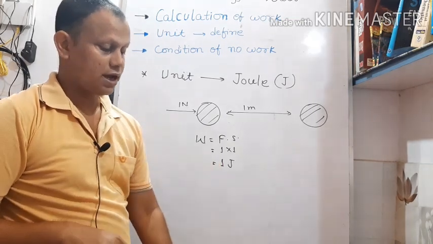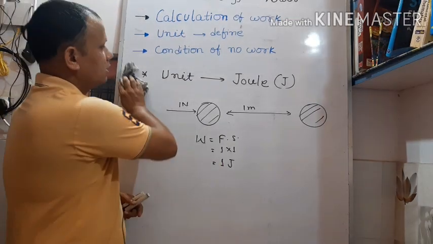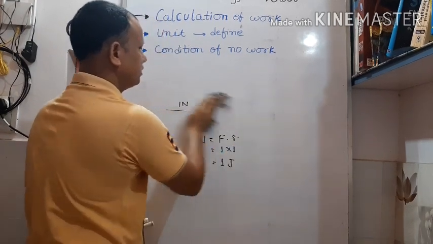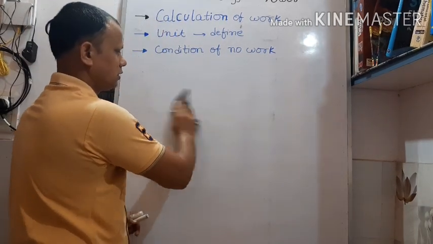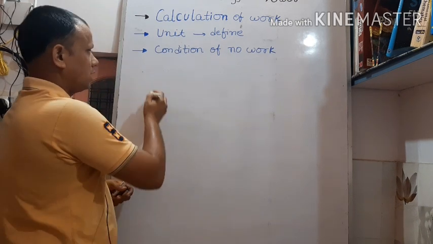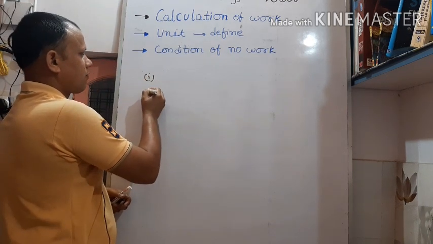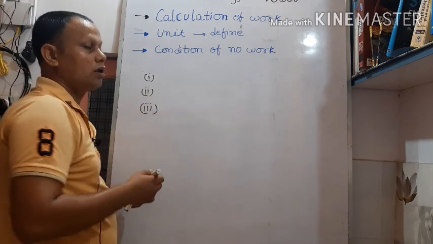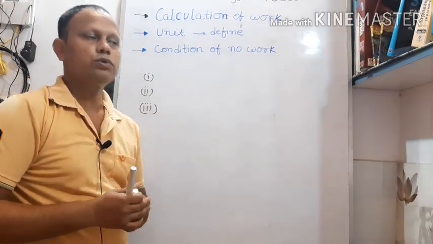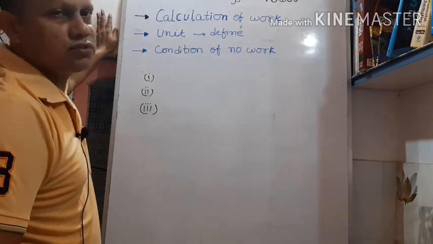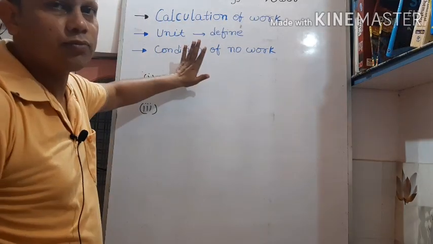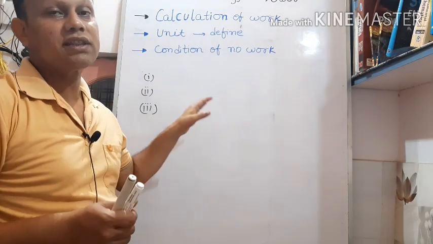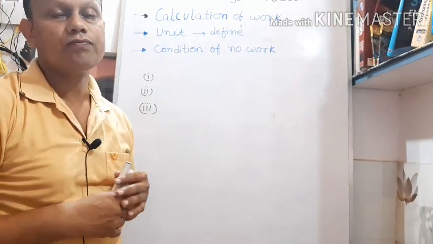Okay. Now there are certain situations in which we consider no work done, and there are 3 situations. First, suppose I keep pressing this wall for a longer period of time, from morning to evening. Do you think I will be able to break that wall or shift that wall?